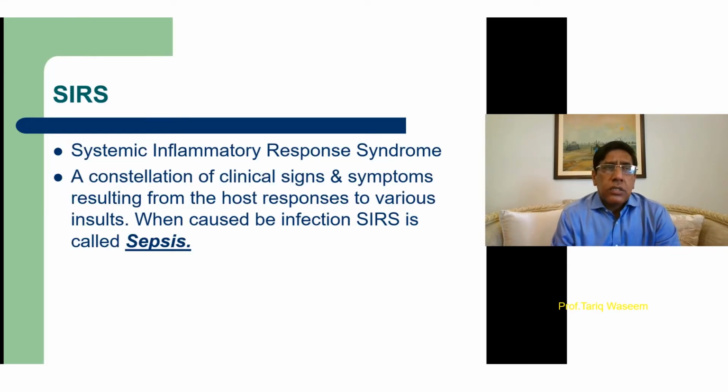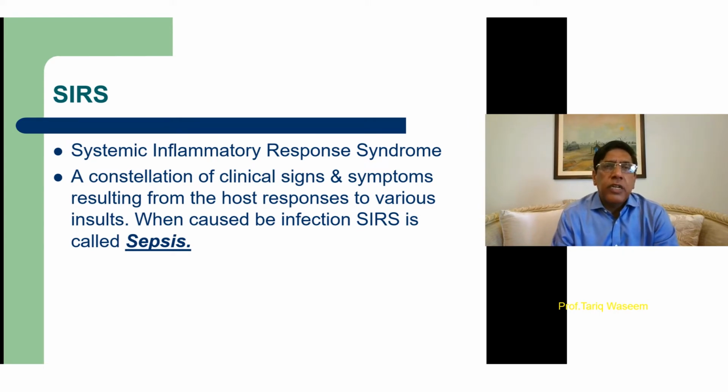Now, these three cases are a manifestation of what we call, in the setting of an acute infection or insult or exposure to gases or exposure to viral illness, the initiation of an inflammatory response.